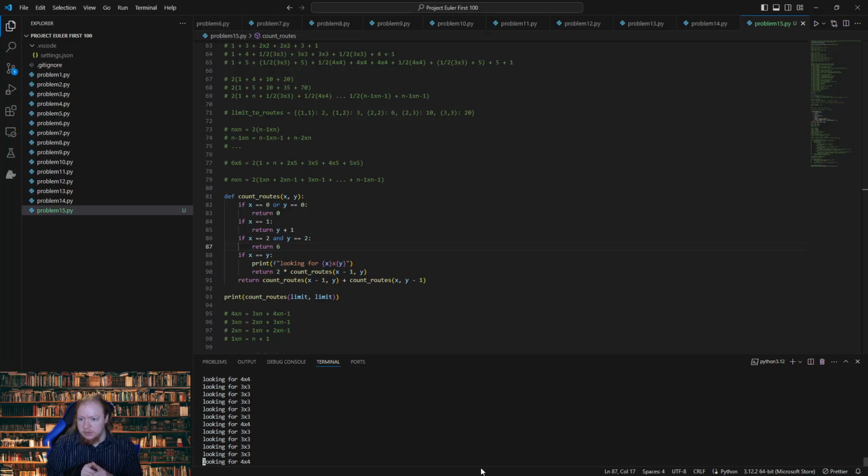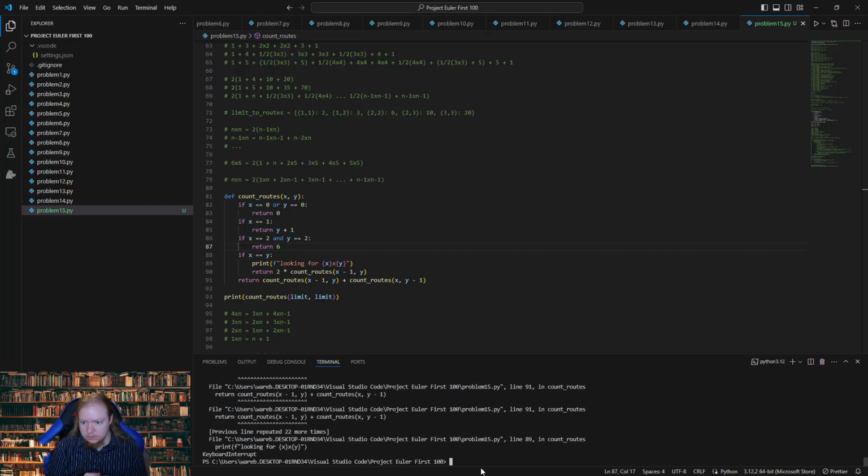Okay, so something's wrong where it gets stuck looking for these numbers. So it's looking for all these little numbers repeatedly.